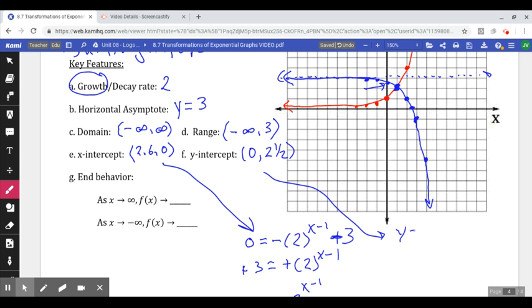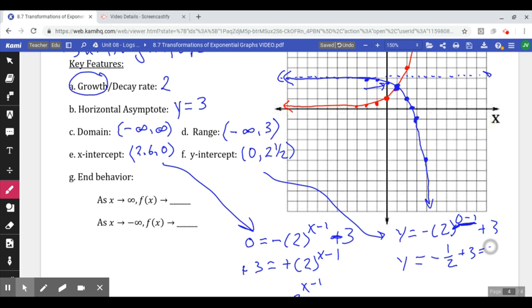For your y-intercept, the value of x will be 0. So we wind up with a setup like this here. And we've got y is equal to the opposite of 2 to the negative 1, which is actually 1/2. So 0 minus 1 right here is negative 1, and 2 to the negative 1 power is 1/2, plus 3.